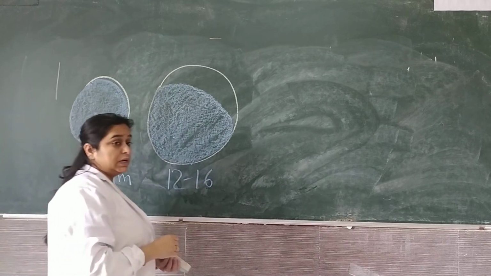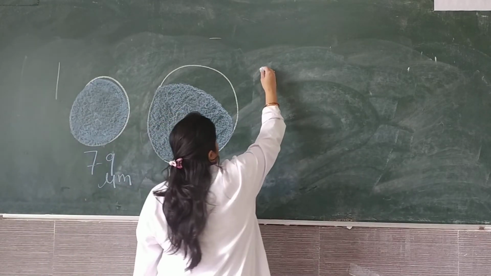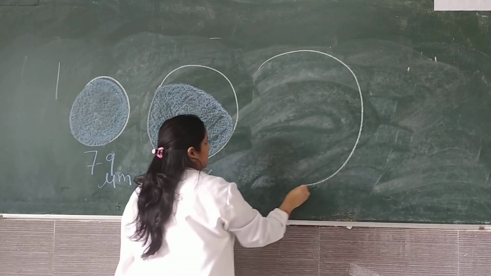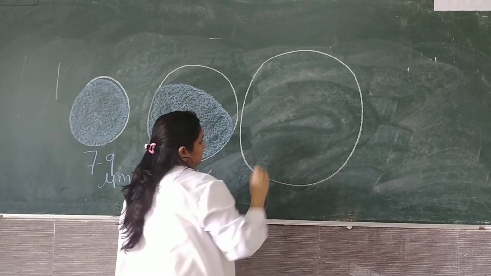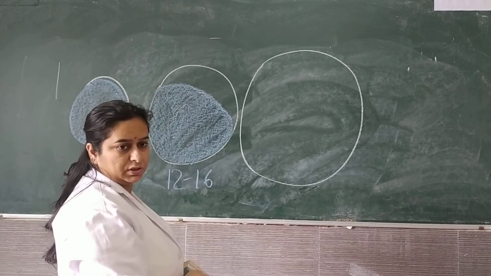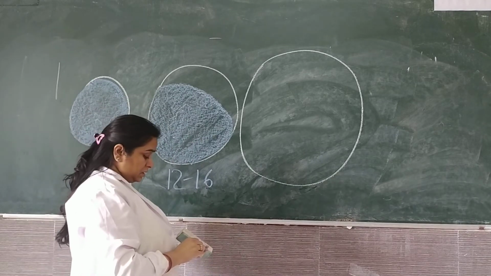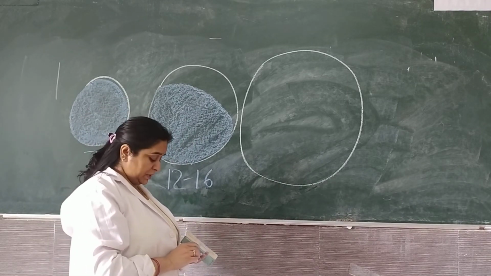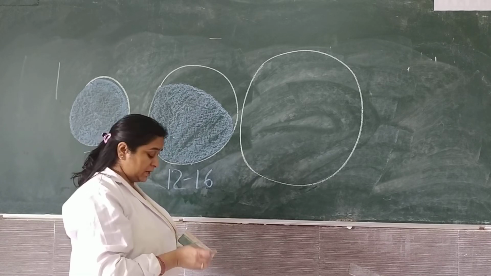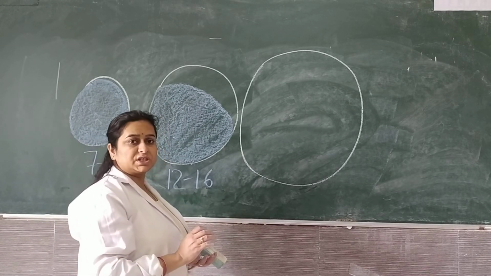Now monocyte, it's a bigger cell. Under the microscope it's a huge cell, up to 20 micrometer. And the cytoplasm and nucleus ratio is almost 60-40.